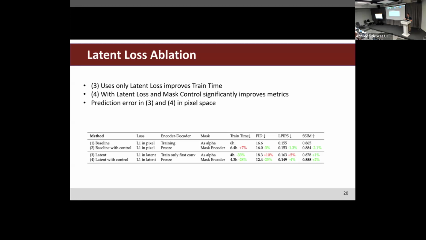And it's important to mention the prediction error in the third and fourth experiments. These two trainings don't have direct guidance from the pixel space, but yet we managed to reprove the fact that improving features in latent space would improve pixel information after decoding.